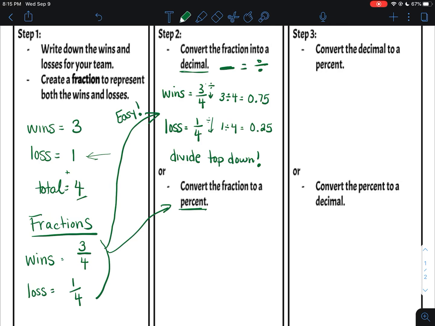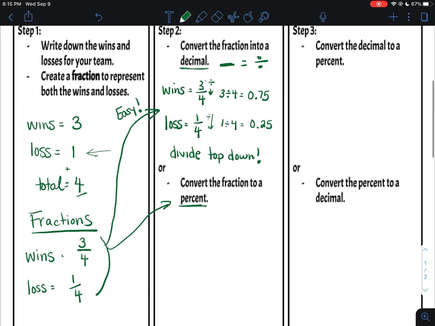Okay. So right there, we have the decimal and the fraction for our team, for our wins and our losses. The next thing we want to do is convert the decimal that we got to the percent.